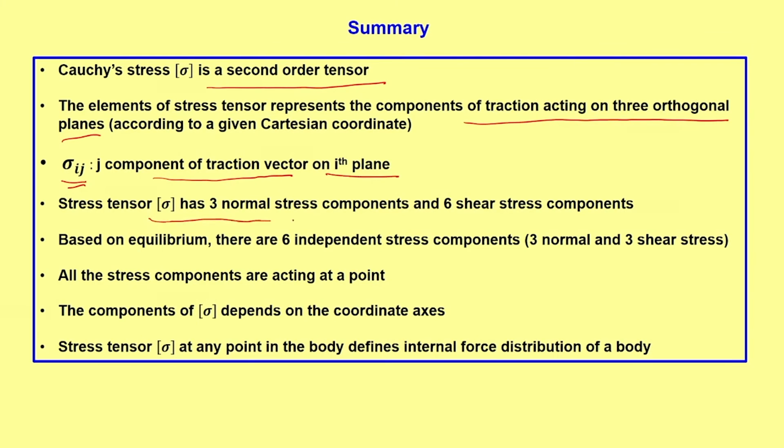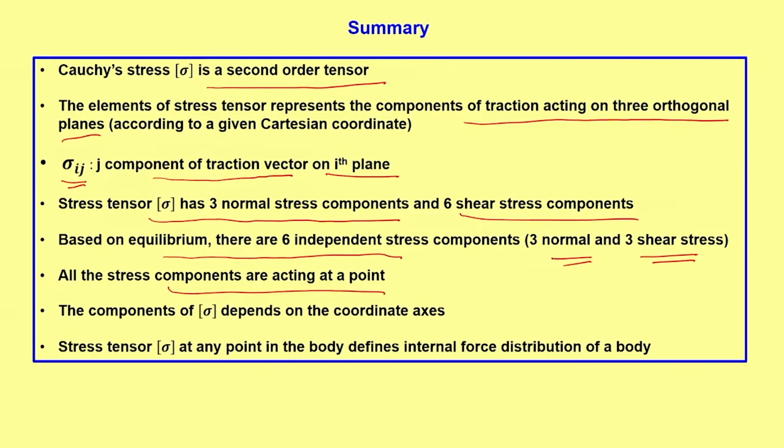Stress tensor sigma has 3 normal stress components and 6 shear stress components. But based on equilibrium, there are 6 independent stresses, where 3 are normal and 3 are shear stresses. All the stress components are acting at a point, which is a very relevant and very important point.